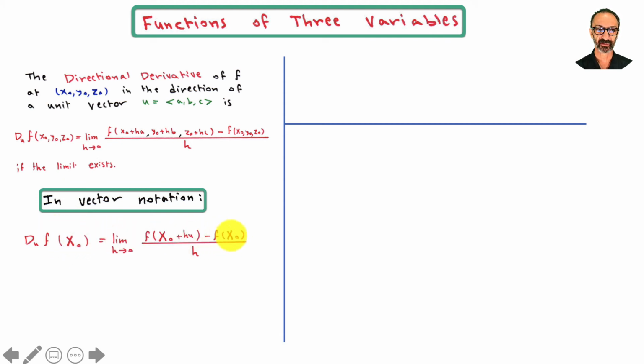So in general, this will be x0, and this will be x0 plus the scalar h times u, where u is (a, b, c). So x0 will be (x0, y0) if n equals 2 in 2 dimensions, and in 3 dimensions it will be (x0, y0, z0).